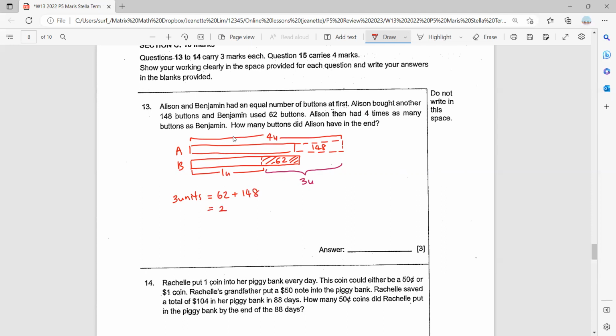So that's 210. 210 is 3 units. To find 1 unit, I'll divide by 3. Allison has 4 units in the end, so I just need to find 4 units. That's my answer for Allison in the end.